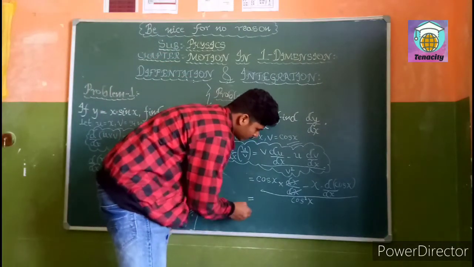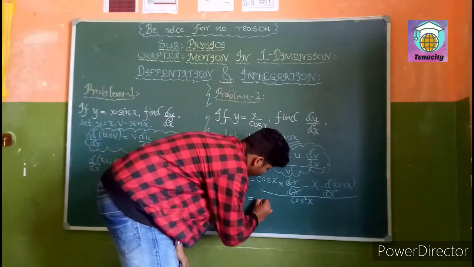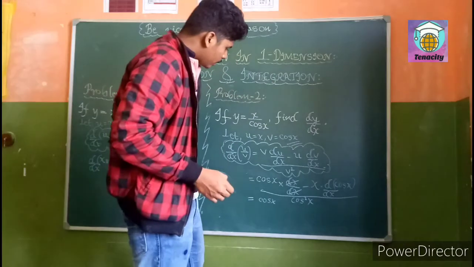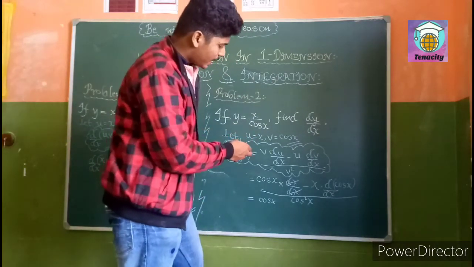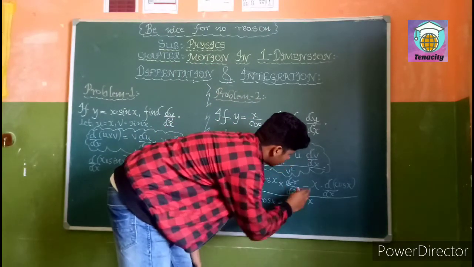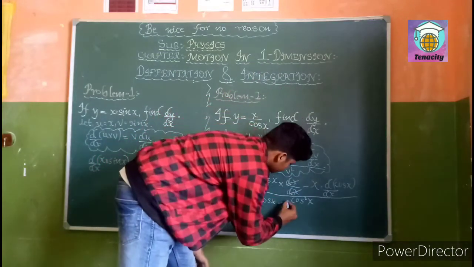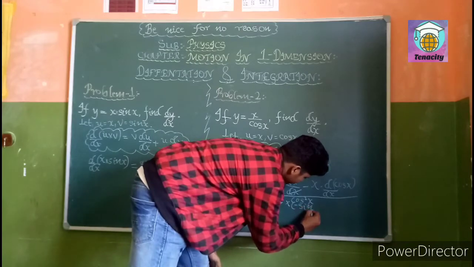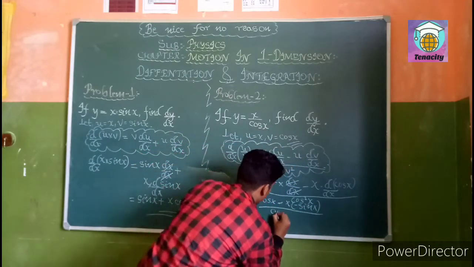Now we will do the operation and take out the answer. So cos x into dx by dx cancels, into 1, minus x into d by dx of cos x, which is minus sin x. So x into minus sin x, by cos square x.